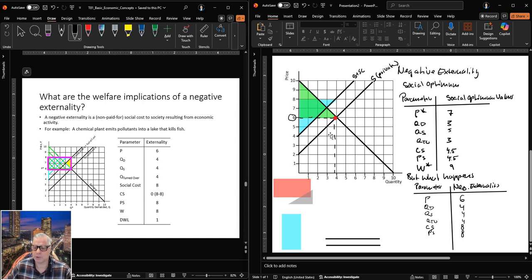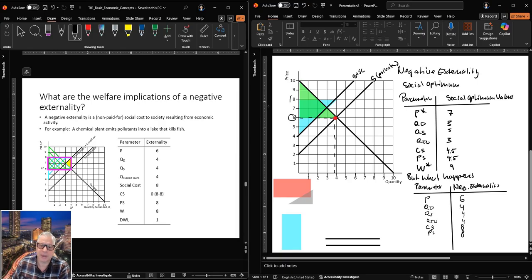The producer surplus is 8, the same as here, but I'll put it there because I like to think of the price that the consumers and producers get as the price at the checkout, 6, but then they can pollute the environment for free, and that's a cost reduction or a unit price increase.